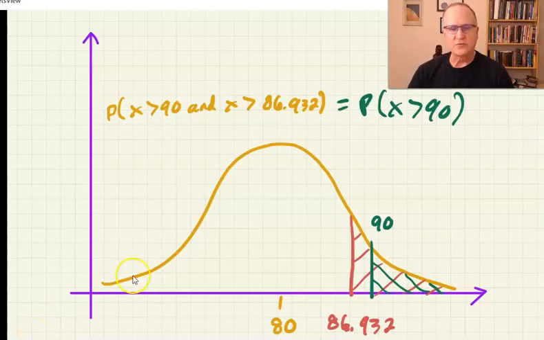So for continuous random variables, we go back to the curve we had before, and all we're interested in, the family, is greater than 86.932. So the red area is everything that I'm interested in. And then within that area, I'm looking at this green area of greater than 90.